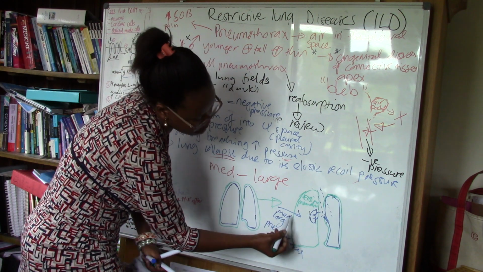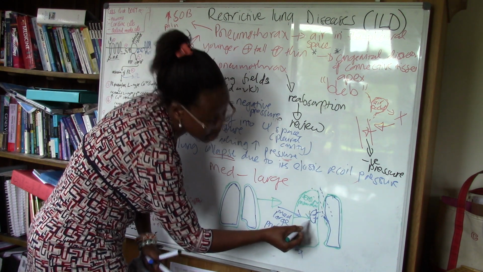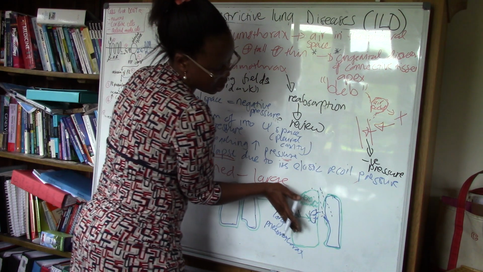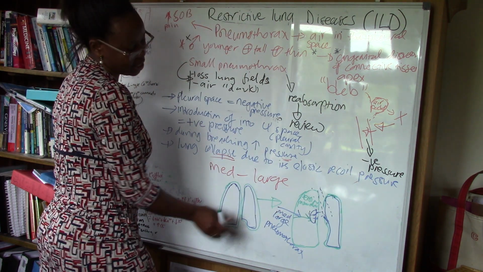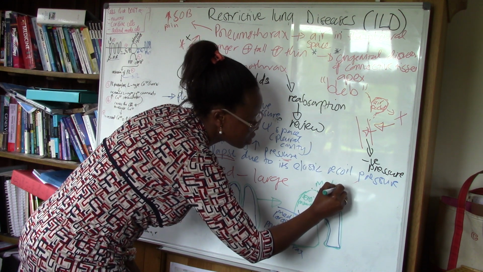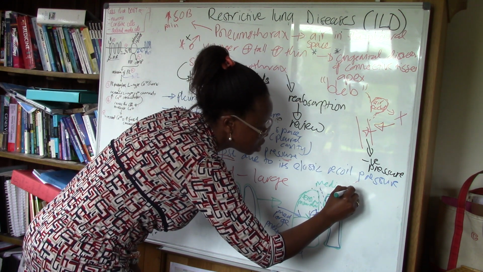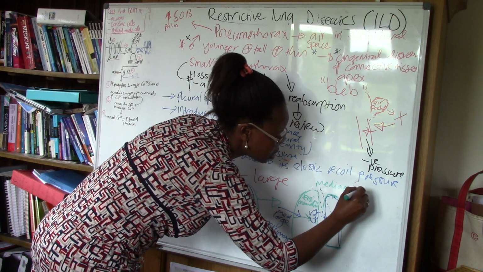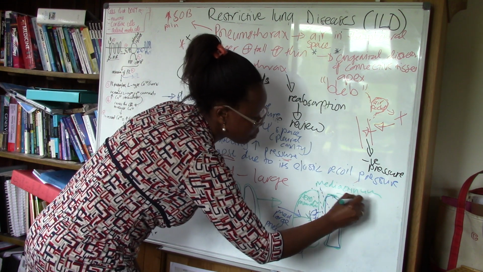And what it means, obviously, is that the pressure in there is increasing so much that it's pushing the lung towards the left and indeed the mediastinum is being pushed towards the left.